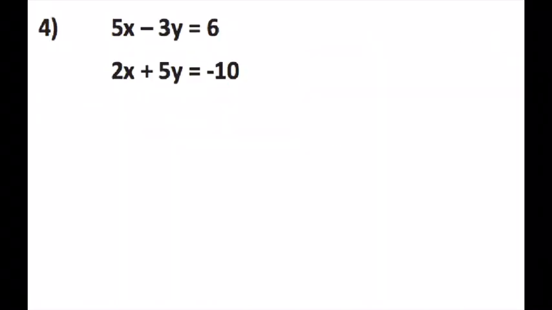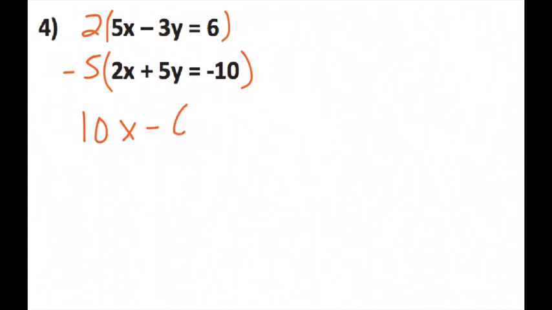Okay, number 4. This one is a little bit trickier, because I can't just multiply the top or bottom by one number, so I need to multiply the top by a number and the bottom by a number. Okay, I have options though. If I multiply the top by a positive 2, I can multiply the bottom by a negative 5. That gives me 10x minus 6y equals 12.